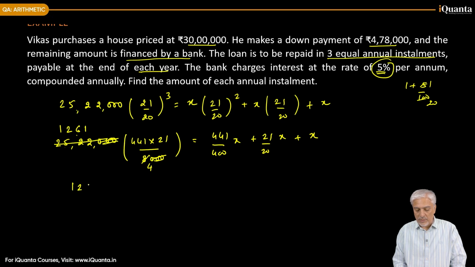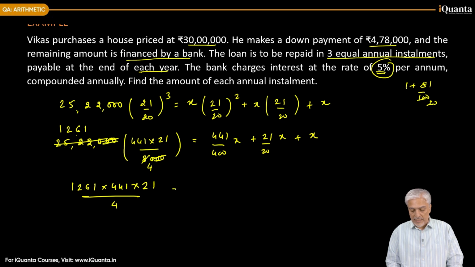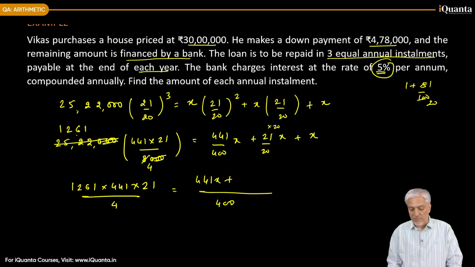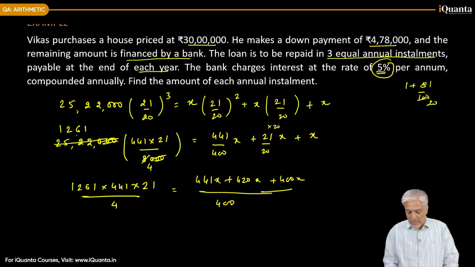So we are left with 1261 into 441 into 21 upon 4 is equal to LCM over here is 400. What will I get? I'll get 441x plus this will go 20 times. So 21 into 20 will be 420x plus this will go 400 times of 400x. How much will this become?